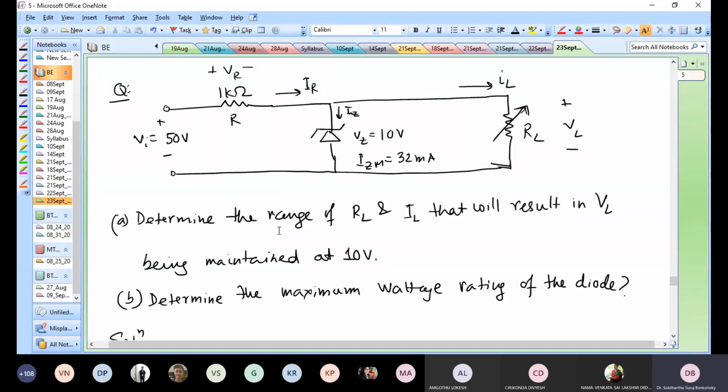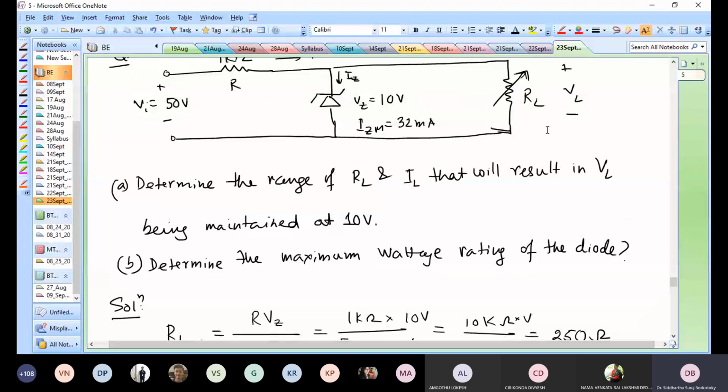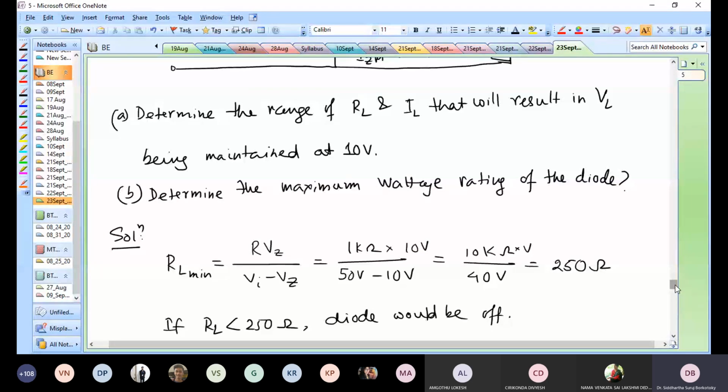The question is the rest: determine the range of RL and IL that will result in VL being maintained at 10 volts. We need to do exactly the same analysis there. What is the minimum load resistance I can use so that the diode will be turned on? If we go back to our previous derivation, RL min is R VZ divided by VI minus VZ.